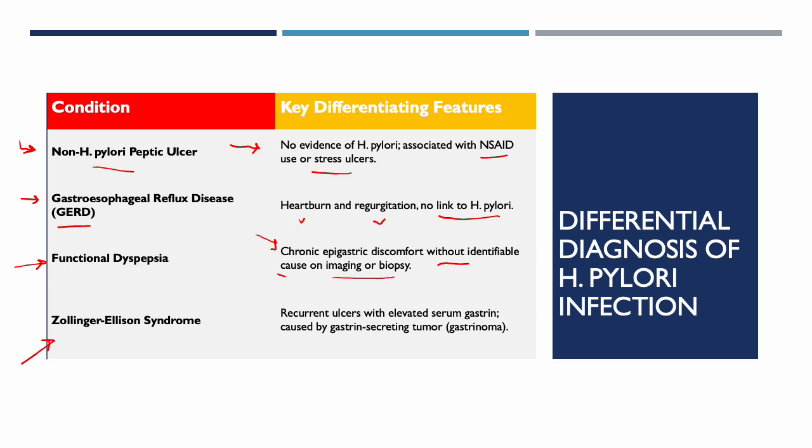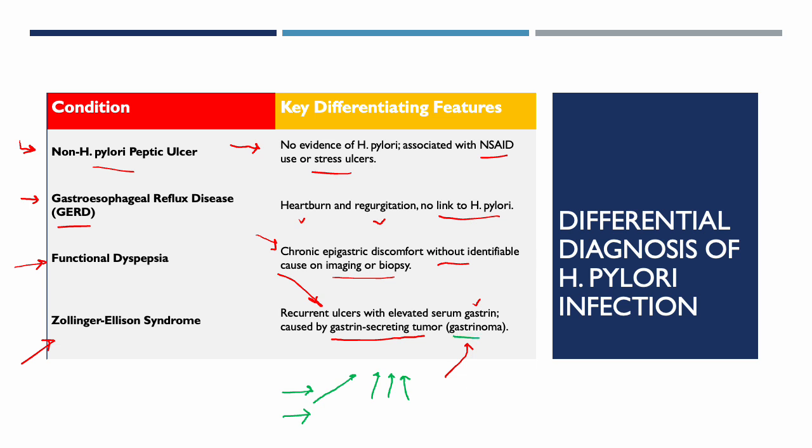Zollinger-Ellison syndrome. Recurrent ulcers with elevated serum gastrin caused by gastrin-secreting tumor, meaning gastrinoma. Again, try and connect it to the normal physiology we talked about. What was the role of gastrin? We had gastrin and somatostatin. One of them increased the activity of our parietal cells to increase the hydrochloric acid level.